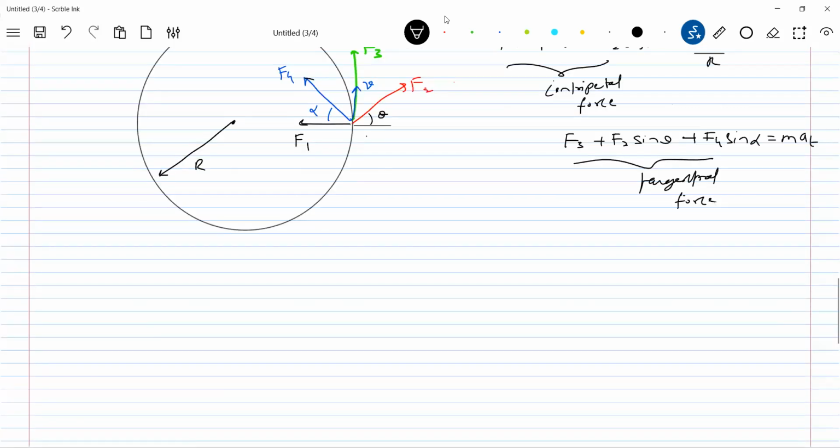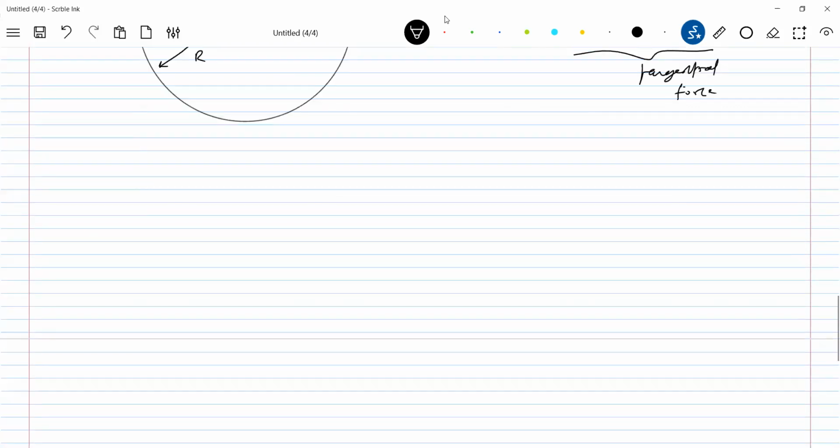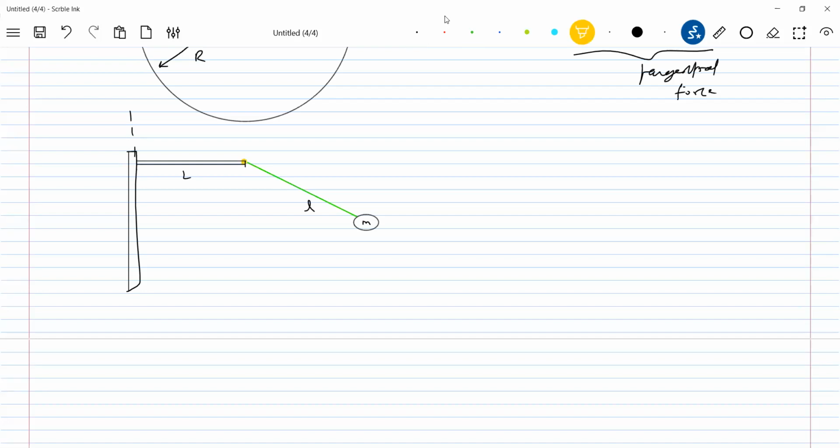Okay, let me take the next condition. That was a conical pendulum, no? So here we'll take one more. This is a rod. This is a length L. So there are two rods here. This is a rod, and this one is another rod.